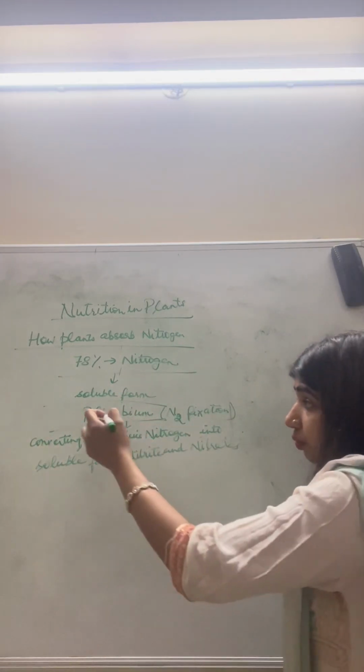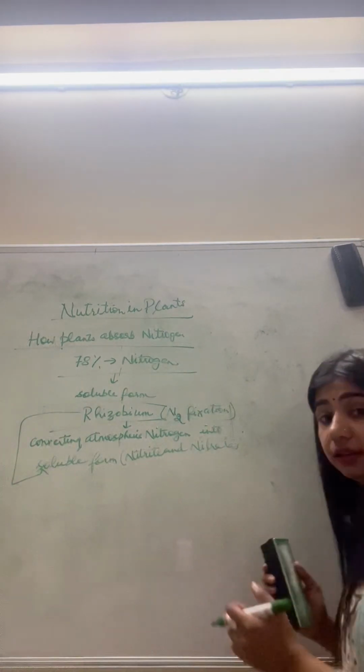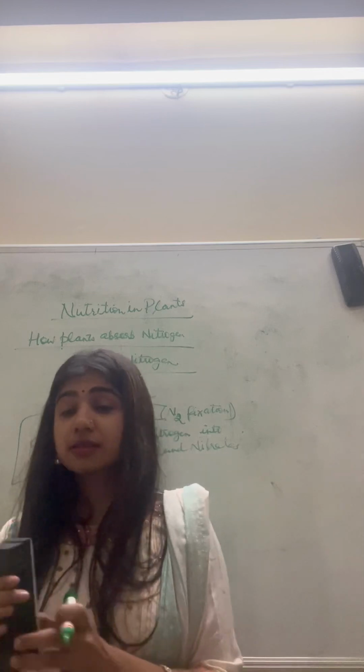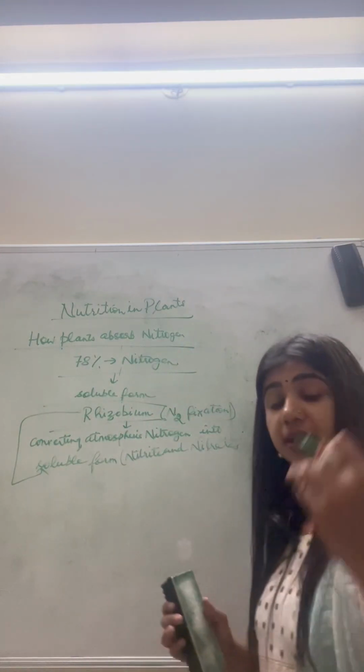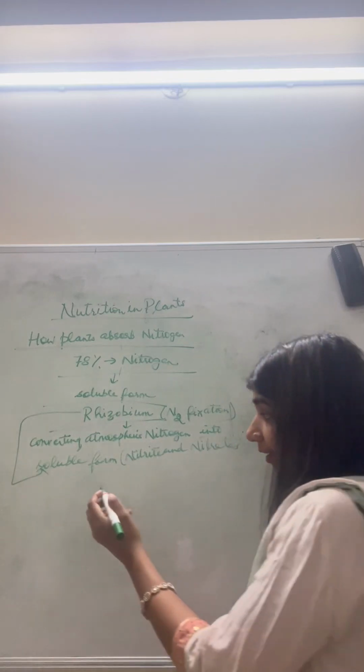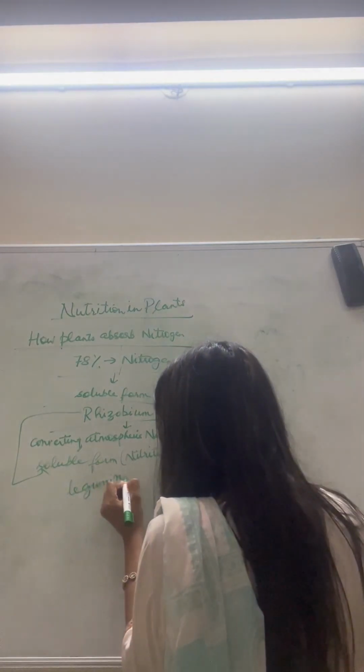Now where does this rhizobium bacteria live? It lives inside the roots of some leguminous plants, like moong, beans, grams and peas.